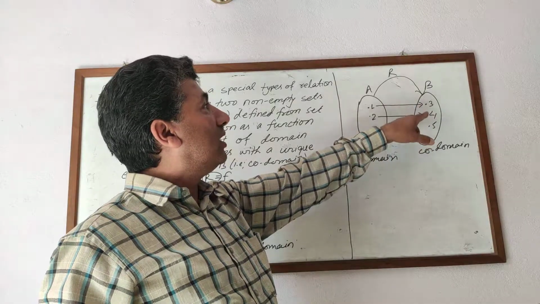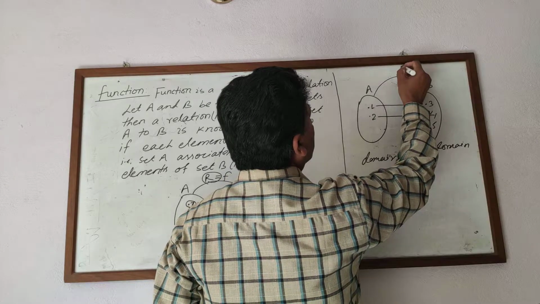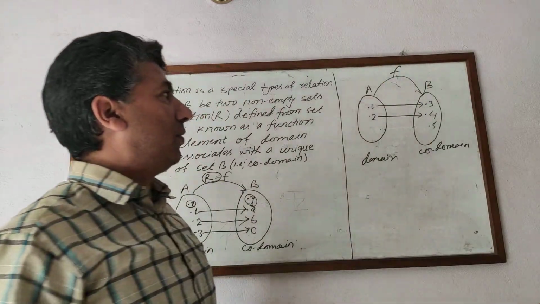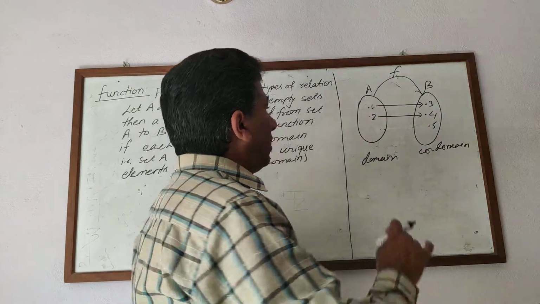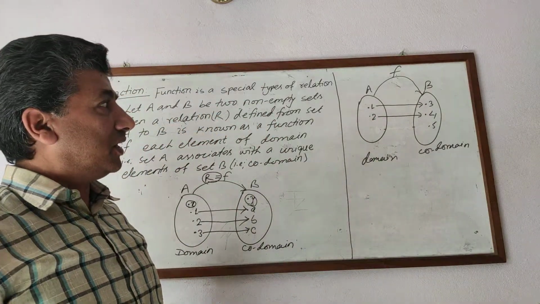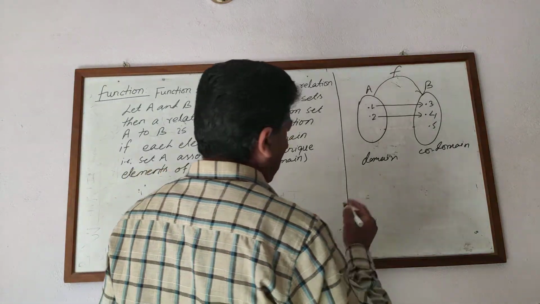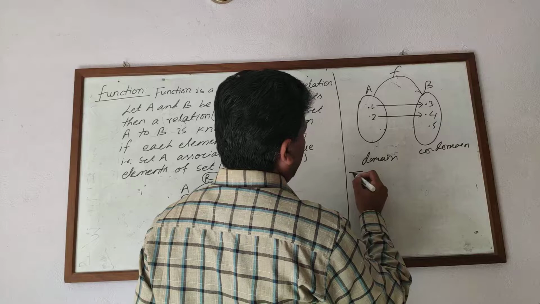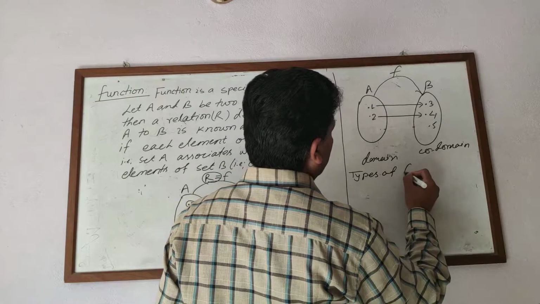This is a function. In this condition, this R will be a function. Okay, I'll write here F. Now, next step, types of function. I'll write here types of function.